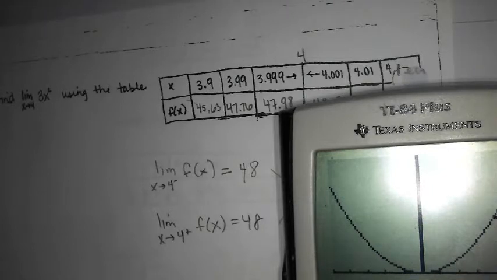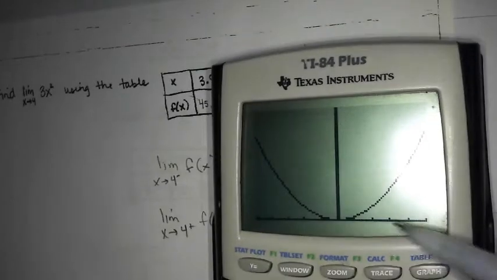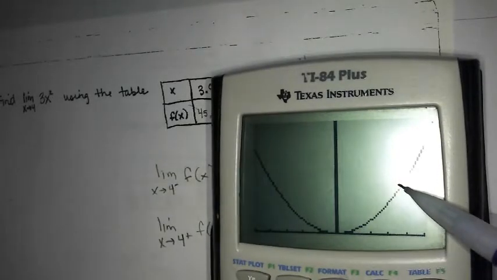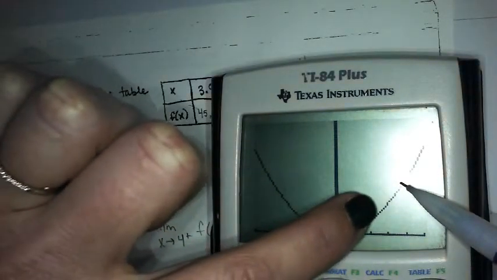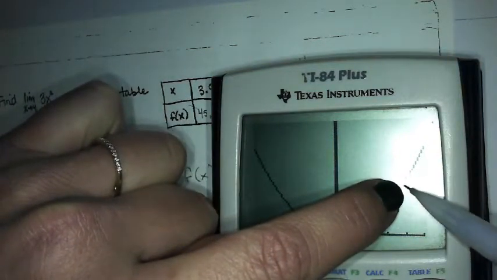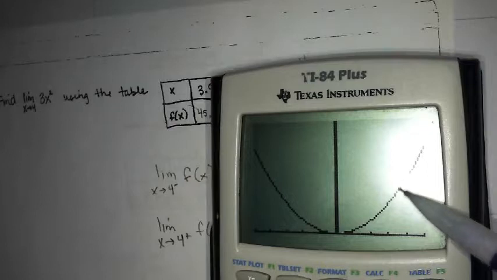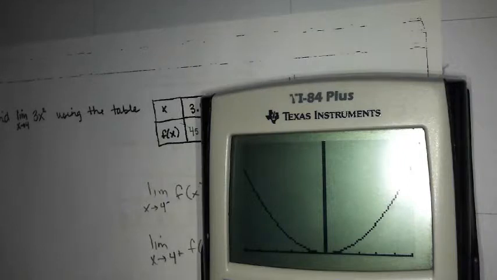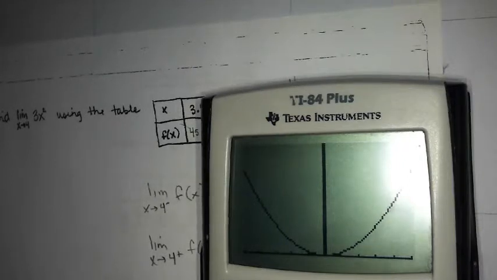Here's the point that we're approaching graphically. 1, 2, 3, 4. On our graph, we're right about here. Obviously, as you approach from the left, you're getting closer to that 48 number. As you approach from the right, you're getting closer to that 48 number. And there is a point there. There's not a hole in this case like there was the last one. So that's why your function value matches your limit here.